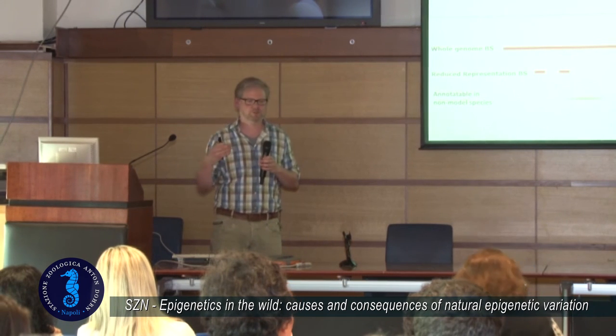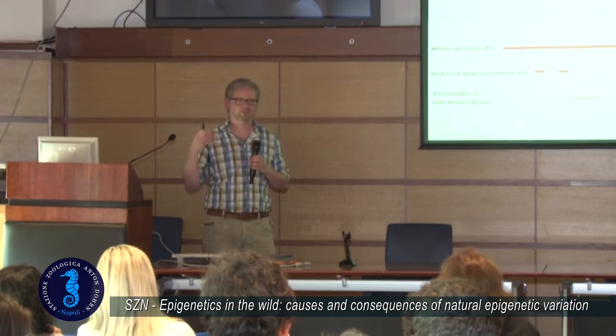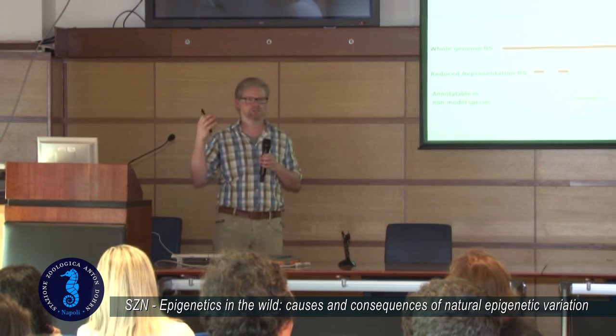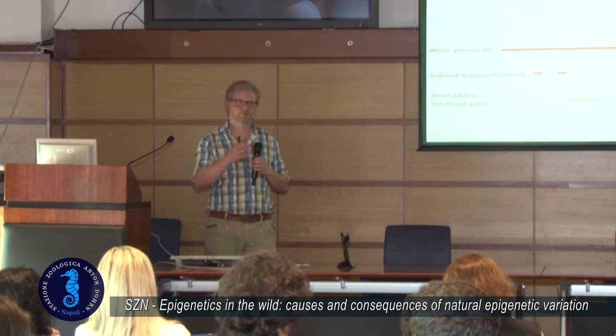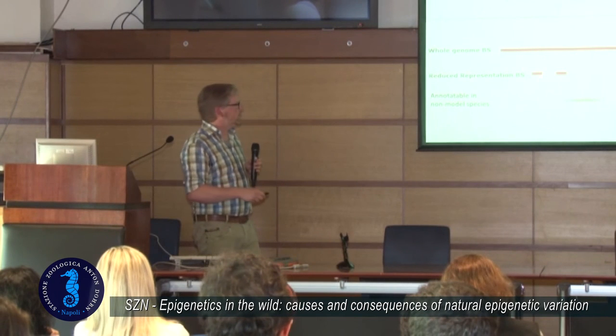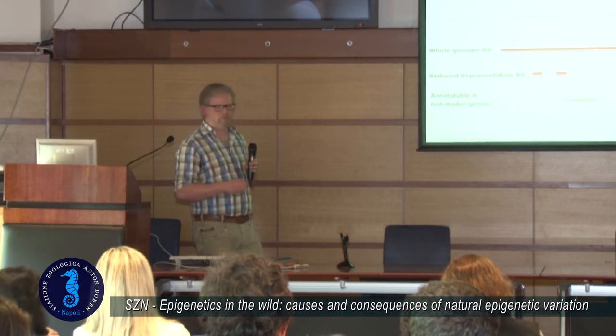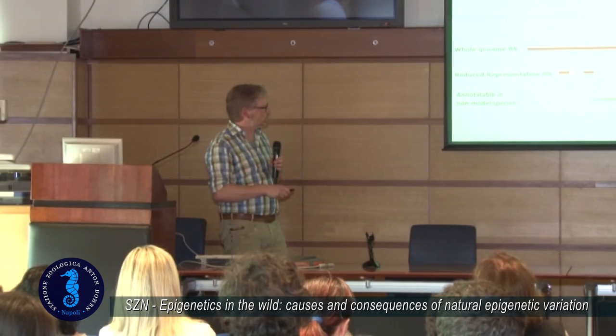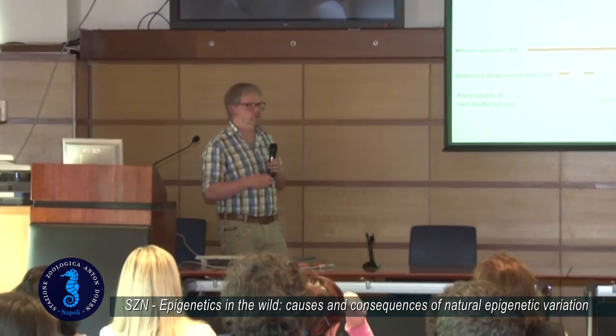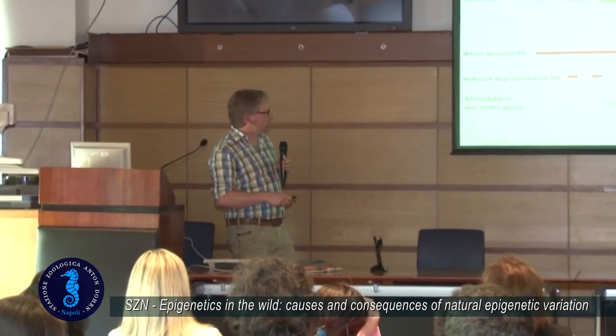This is almost what old-fashioned AFLP was based on, and what genotyping by sequencing and RAD sequencing are based on. So you look at a reduced representation of the genome, maybe only 1% or 0.5% of the genome. In those regions, you do a bisulfite treatment, and you look at the genome.